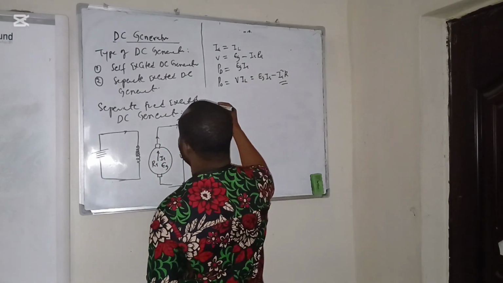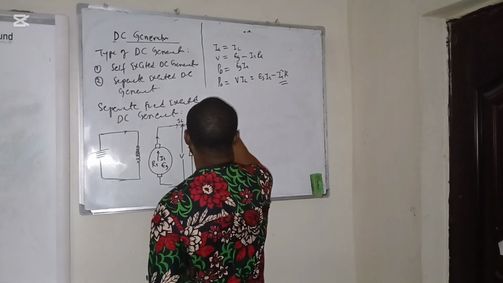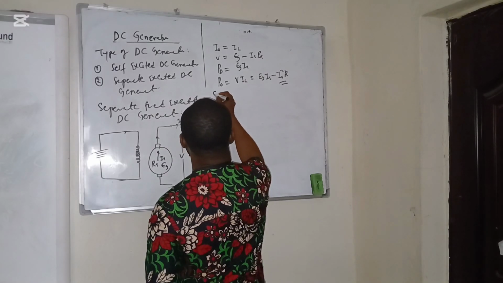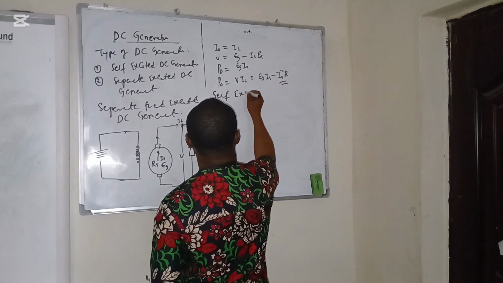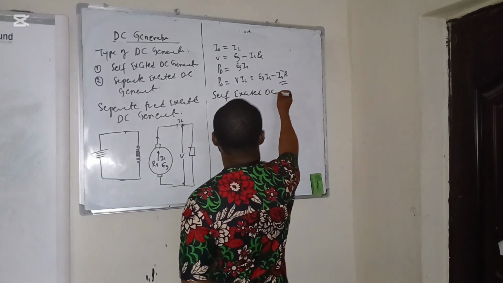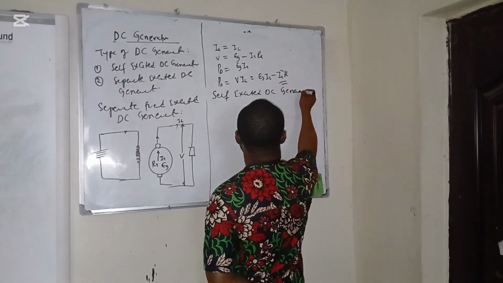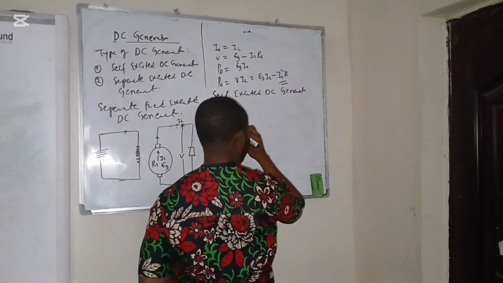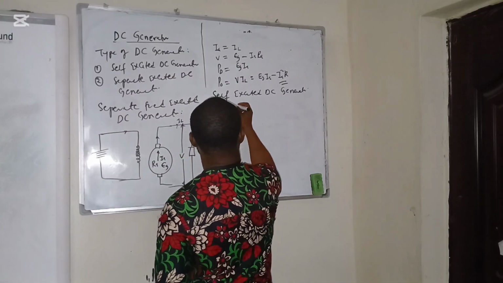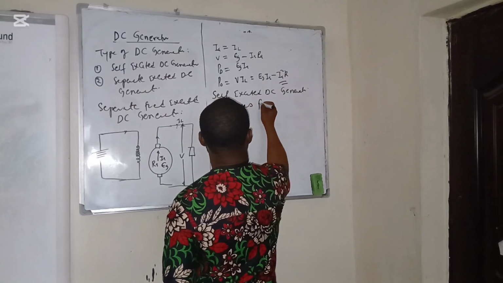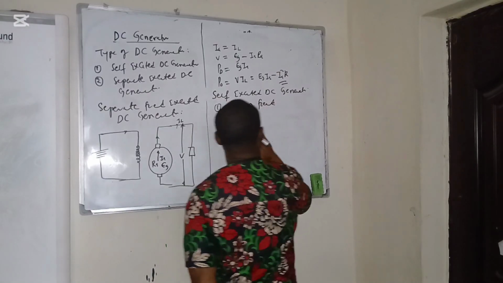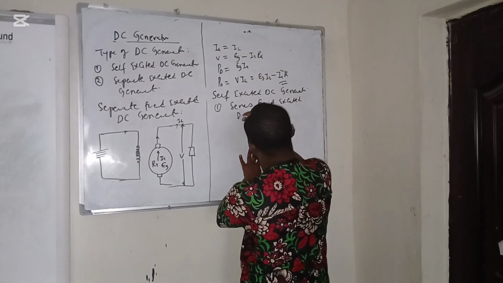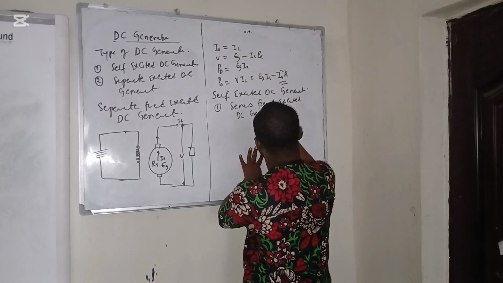So the next one is the self-excited DC generator. In this self-excited, we have three types. We have the series field excited DC generator.